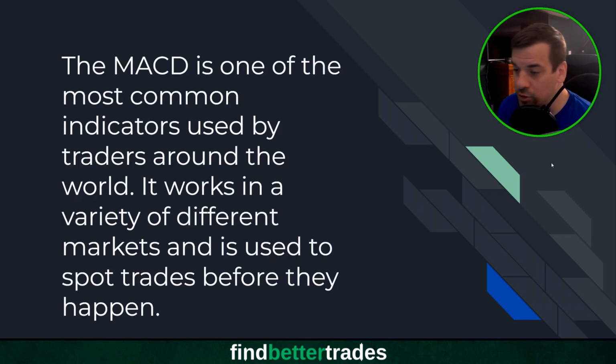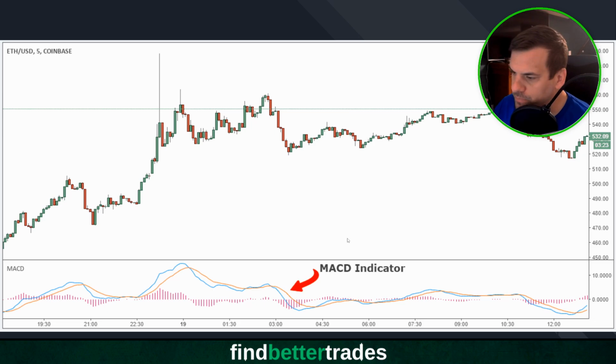So the first thing I want to do is talk about the MACD. The MACD is going to be one of the indicators you use with the strategy. So what is it? The MACD is one of the most common indicators used by traders around the world, and it works in a variety of different markets. It's used to spot trades at oversold and overbought levels. This is the MACD indicator, at the bottom of the chart.